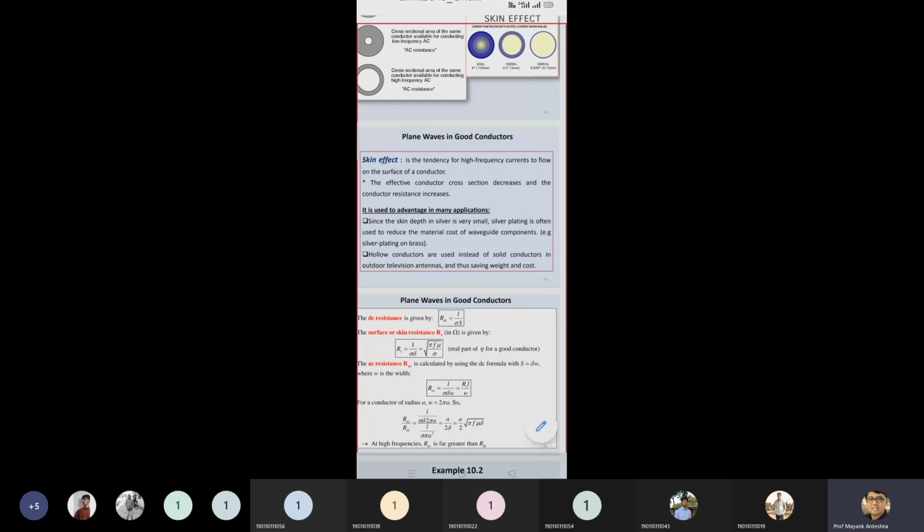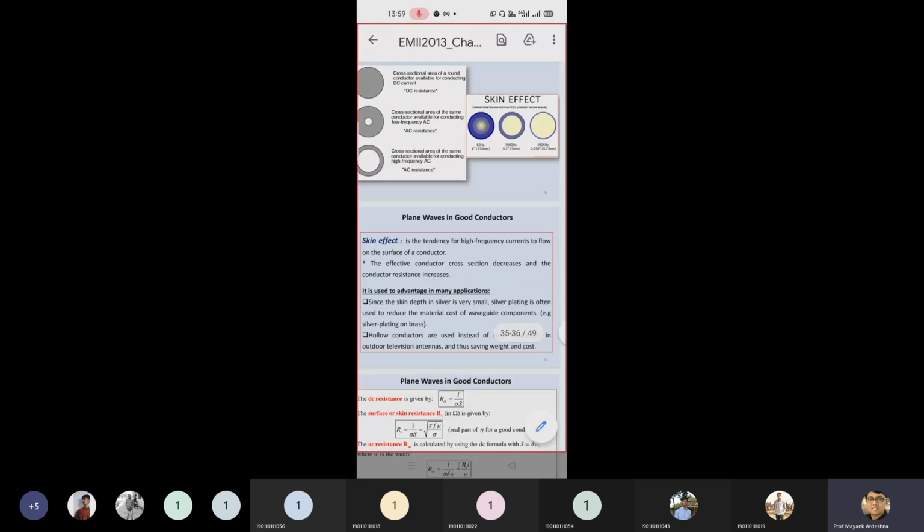Rho is your resistivity, L is the length of your conductor, and A is the area which is covered by the current, or maybe the cross section area. Now the question may be, why is it like this? Why, whenever you give high frequency signals to any particular conductor, do they just try to touch?